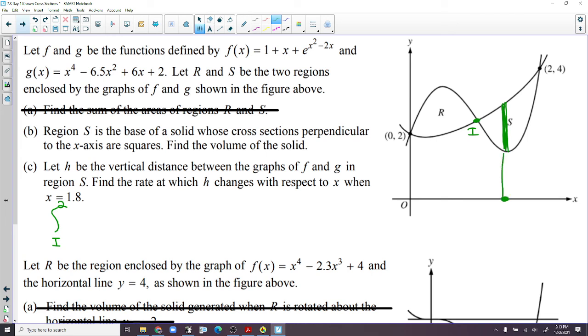So we have the distance to the top function, subtract out this distance right here, and you're left with what's in between. Now that curvy one, that is the x to the 4th. The one that just kind of has this U shape, that's the e to the x.